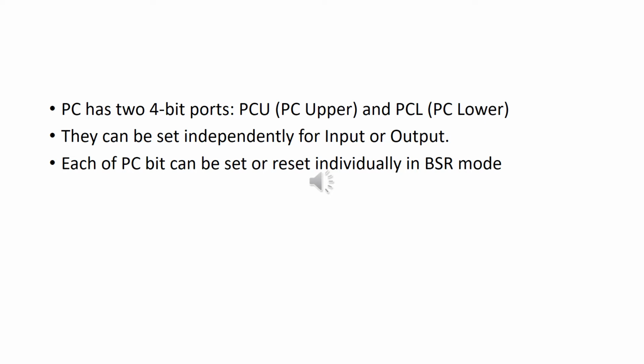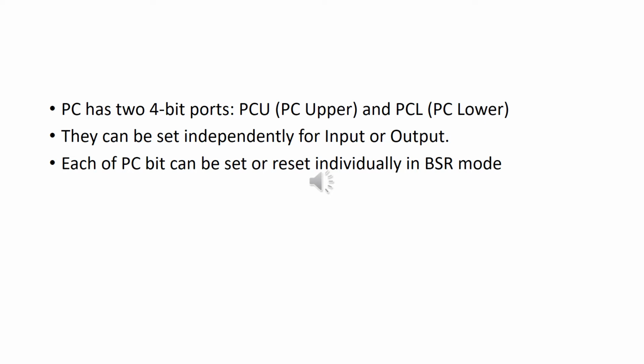As I told you earlier, port C has two 4-bit ports, that means it is divided into two parts, PC upper and PC lower. They can be set independently for input or output. That means using this port we can read one nibble at a time.